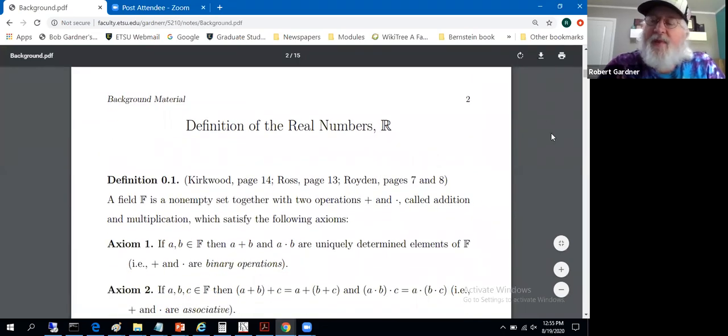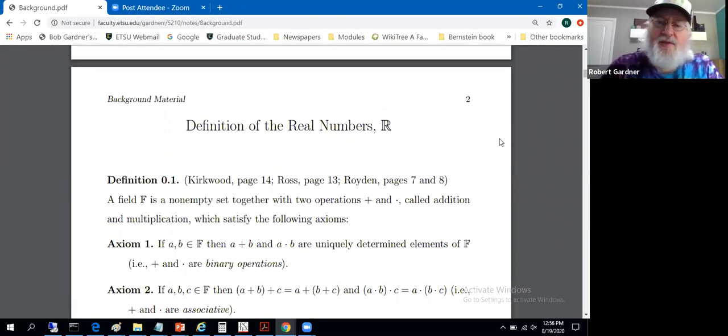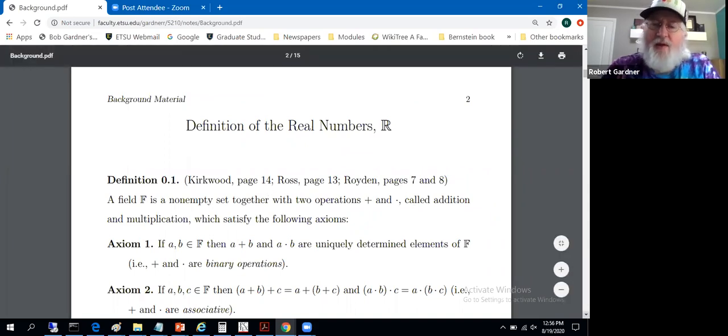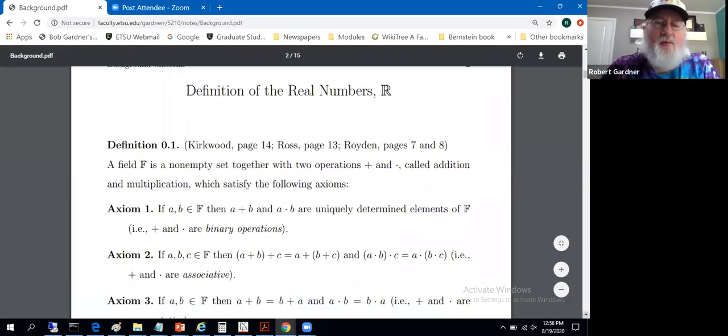All right, you need to know what the real numbers are in this real analysis class. The following is contained in each of these background references, and we'll define the real numbers with three kinds of axioms: field axioms, an axiom of order, and an axiom of completeness.